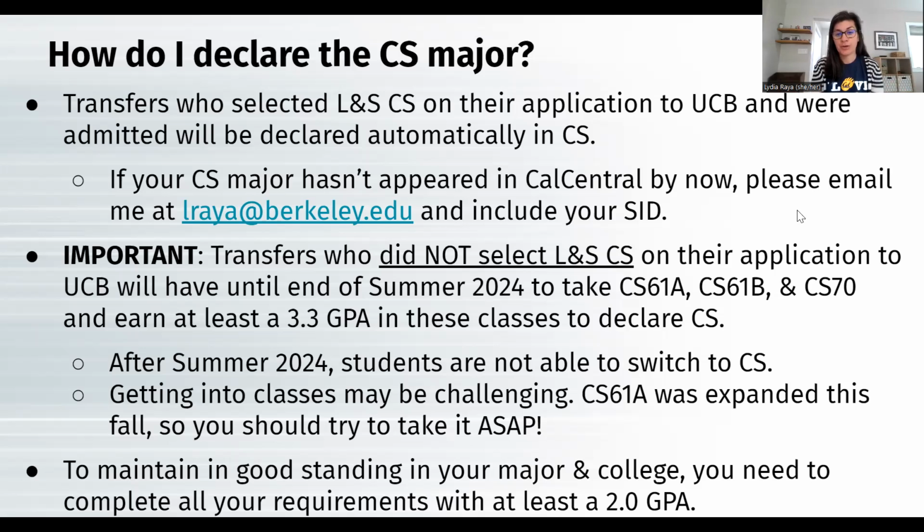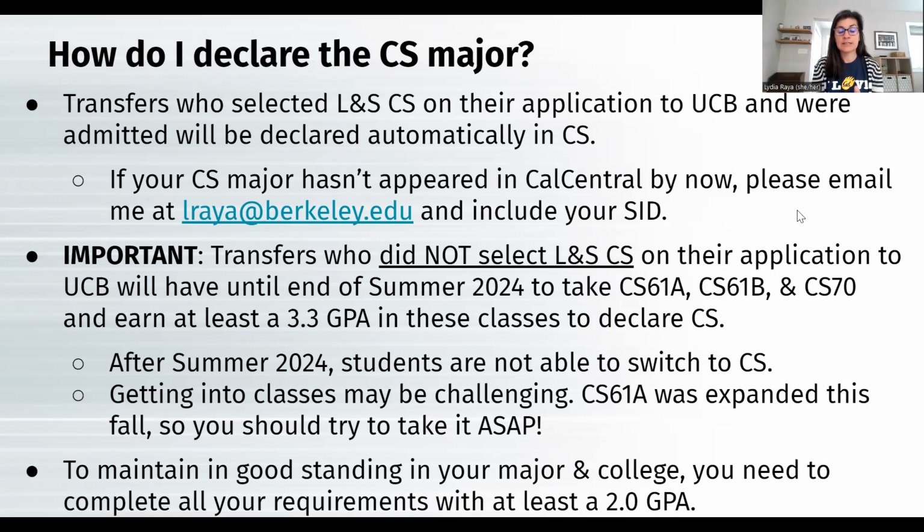If you did not put computer science on your application to Berkeley and you are admitted as a transfer to some other major, data science, math, anything else, you will have until the end of summer 2024 to take the prerequisites, which are CS61A, CS61B, and CS70.